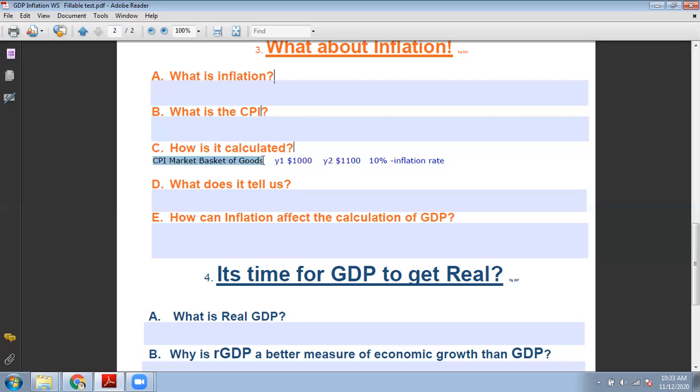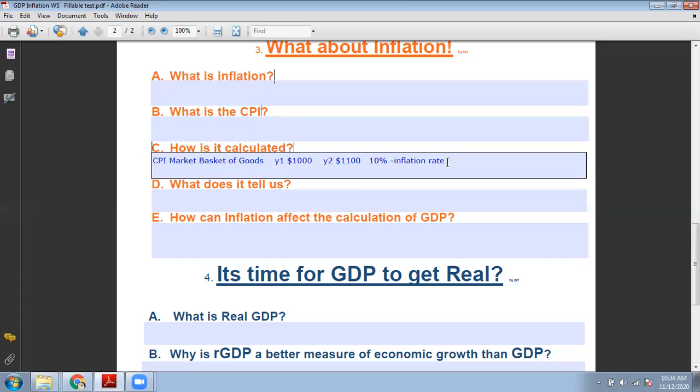So clearly some goods are always getting cheaper, like technological goods and electronics, whereas some goods are getting expensive. Food is constantly getting more and more expensive. Gas goes up and down wildly. So why do we use this market basket of goods? We use the market basket of goods so we know what's happening to prices overall and not the price of a single thing.